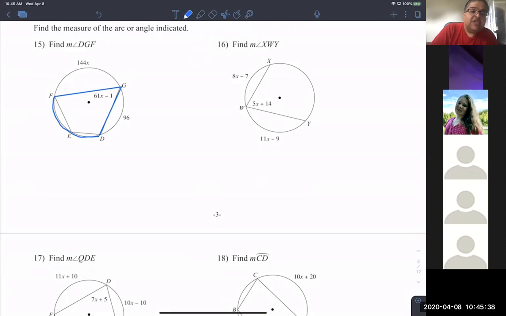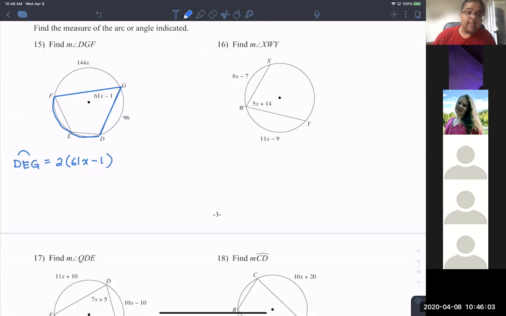So if G is 61x minus 1, what expression can I write for arc DEG? Would you multiply it by 2? Right. So arc DEG is 2 times the angle.